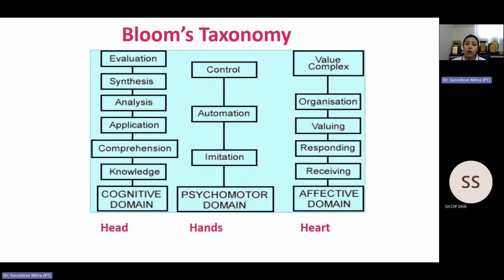Going from down to up, as we can see on the screen, we have level 1 as knowledge, level 2 as comprehension, level 3 as application, level 4 as analysis, level 5 synthesis, and lastly level 6 is evaluation. So what are these 6 levels is first what we'll try and understand.